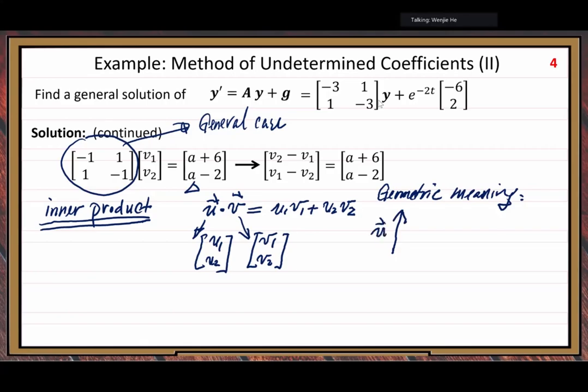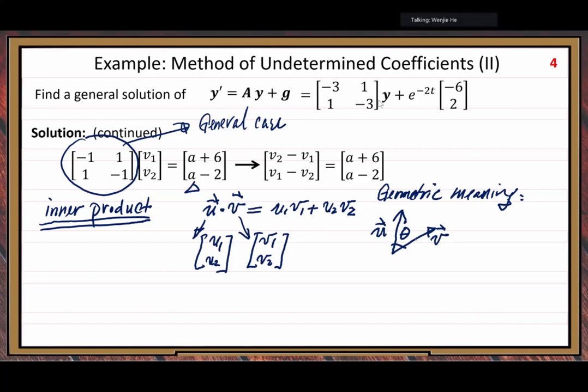We draw the U vector, and then we draw the V vector. Suppose the angle between these two vectors is theta. So the inner product can tell us how large the angle between two vectors is. We can find a formula for this.